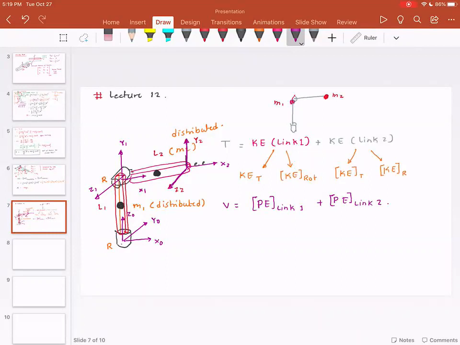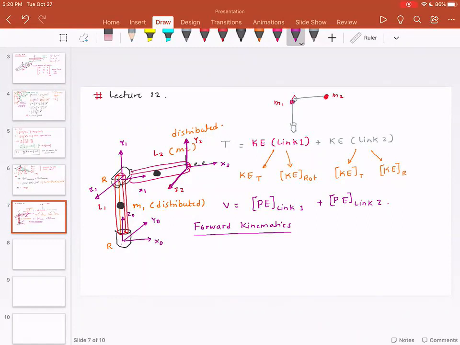The good news is we already have the information that we need. So what are we going to look at from the forward kinematics? Look at the solution for the forward kinematics, and let's see what information we need.